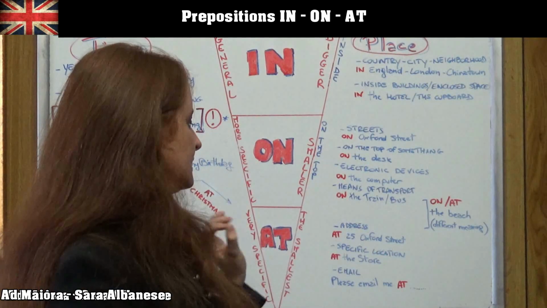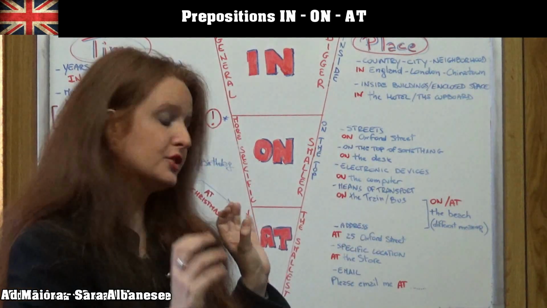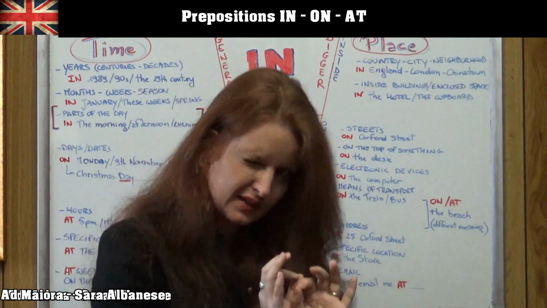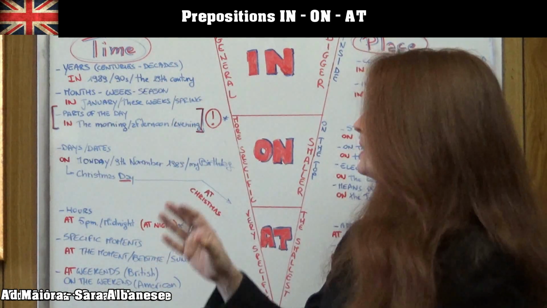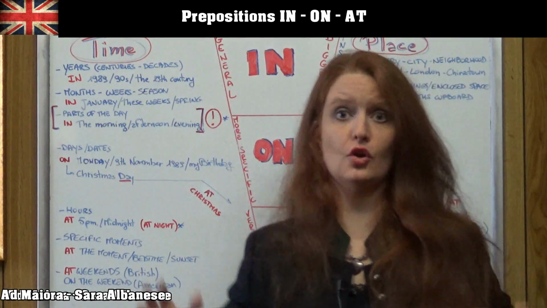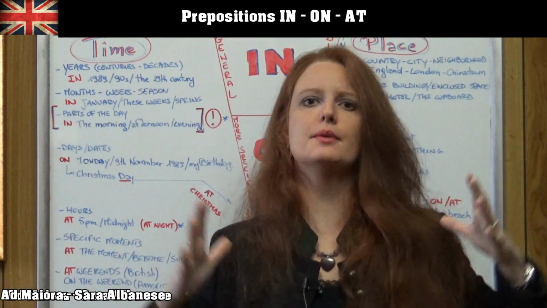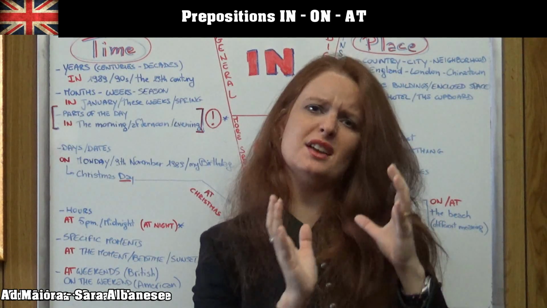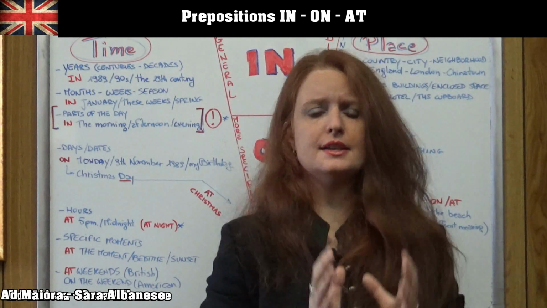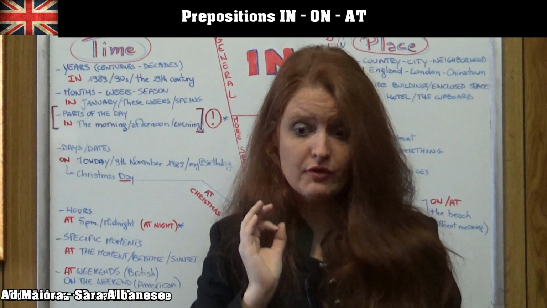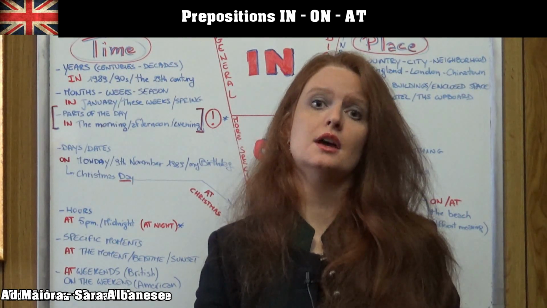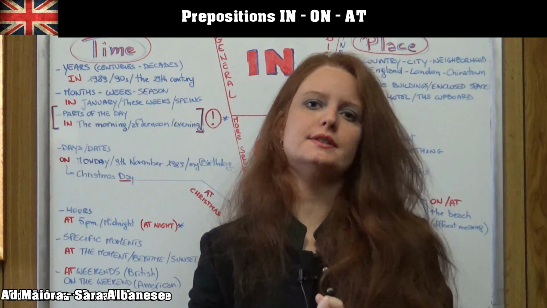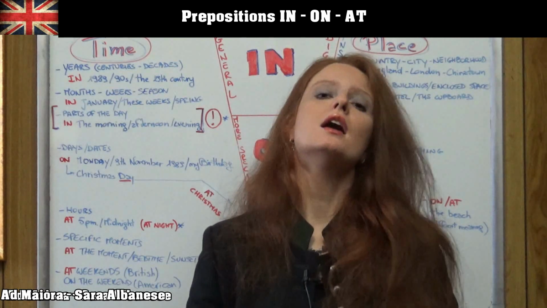And on the other side, it talks also about the smallest places, the most specific places. So this is the meaning of this triangle. So in: general periods of time and large places; on: more specific periods of time and smaller places; and finally at: very specific periods of time or moments, better, and on the other side the smallest places.